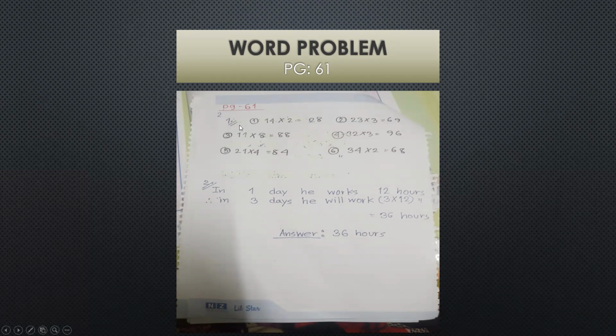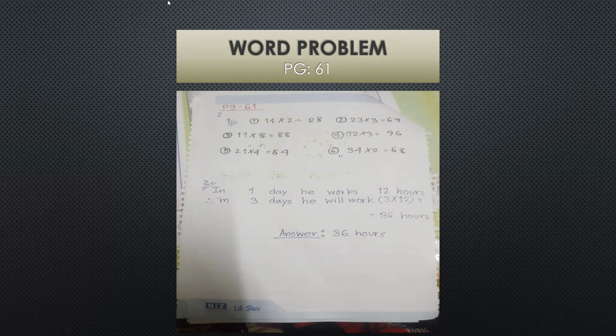For question number one, you just multiply it. Like 4 2s are 8, 2 1s are 2, 3 3s are 9, 3 2s are 6, 3 2s are 6, and 3 3s are 9. It's really easy. You have to just multiply it, nothing else.